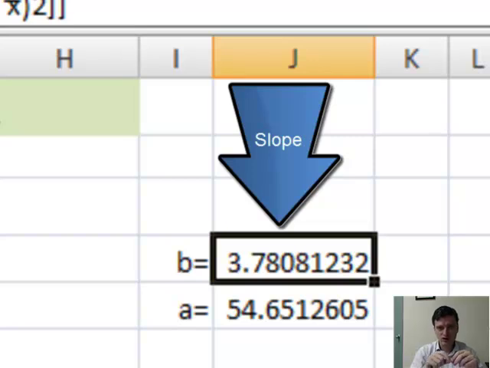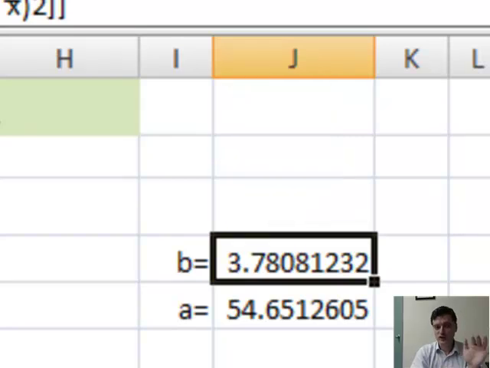So if a student studies 1 extra hour, that student will get an increase in the overall score of the exam by 3.78 points. Okay, according to this model, right?